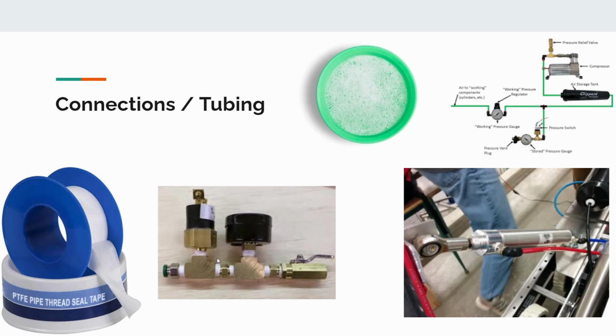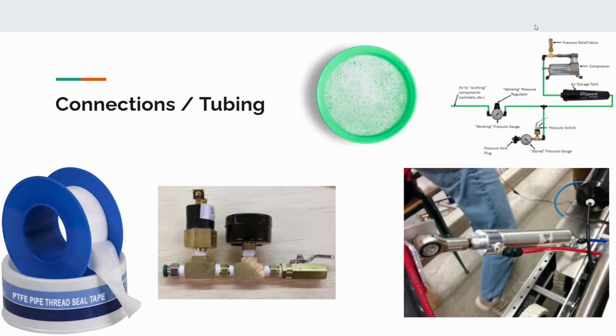Here where all the Teflon tape is, you'd want to put a little bit of soapy water there, and if you see it start acting strange, as in it's blowing around, once the loop is pressurized, you can tell that there is a leak there. What you want to do is keep note of where all the leaks are, then depressurize your loop and redo the connections.